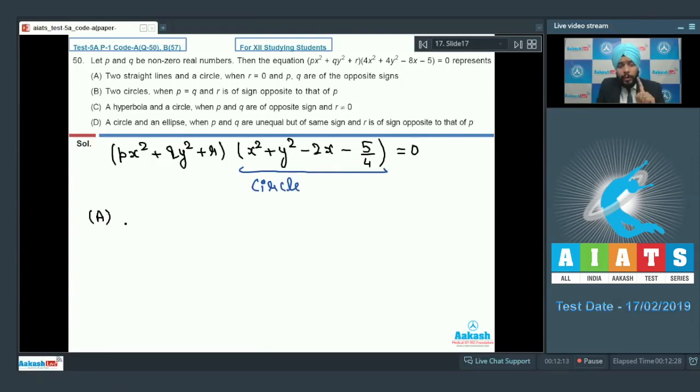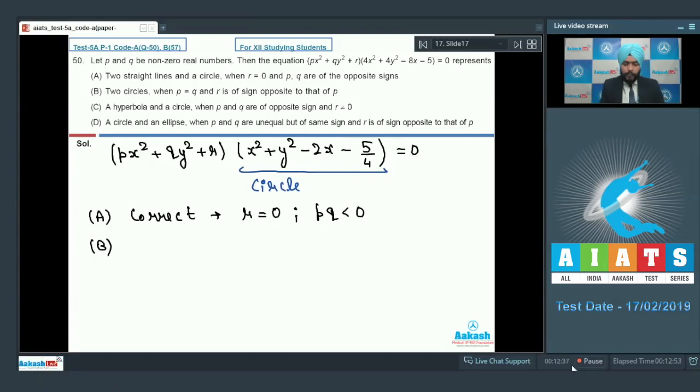Also, p and q must have opposite signs, because if they are of the same sign, then it will be a positive number into x square, a positive number into y square equals 0. That will not yield any solution at all. There will be no locus corresponding to that. So that means A is correct. In order to represent a pair of straight lines, r should be equal to 0 and the product of pq should be negative.